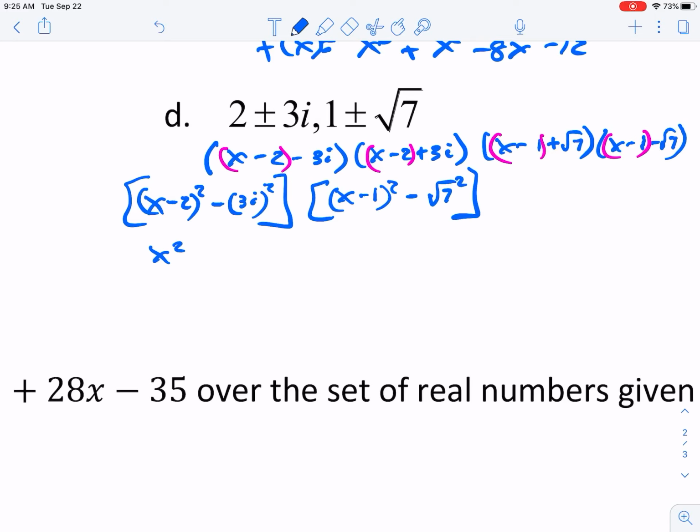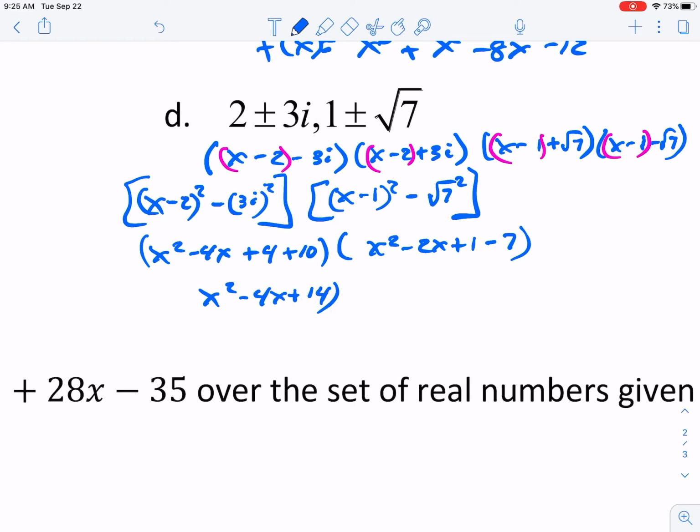This is x squared minus 4x plus 4. This is 9 times negative 1, so this is plus 10. This is x squared minus 2x plus 1. This ends up being minus 7. So now you have x squared minus 4x plus 14 times x squared minus 2x minus 6.